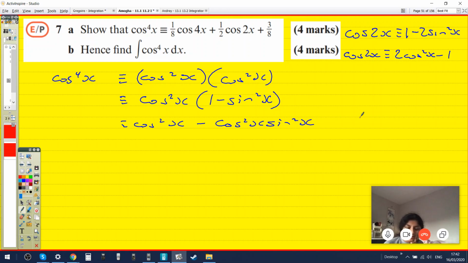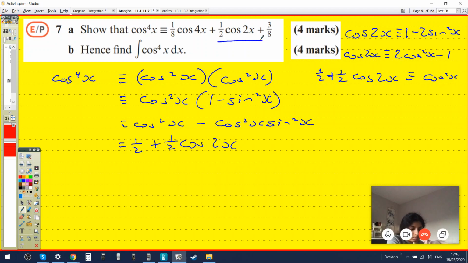So this cos squared x here, we know that that's identical to a half plus a half cos 2x.